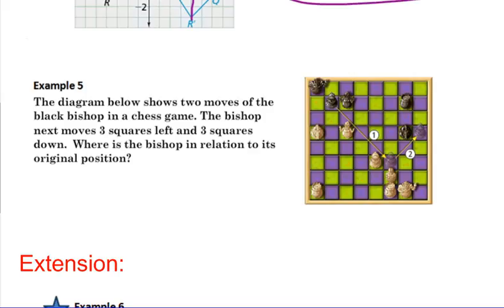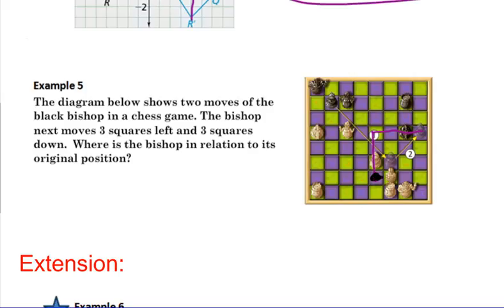So it moves from here to here, and then it goes 3 squares left, 1, 2, 3, and 3 squares down, 1, 2, 3. So the bishop is now right here, and I should probably draw that in black. This is where our bishop now is.